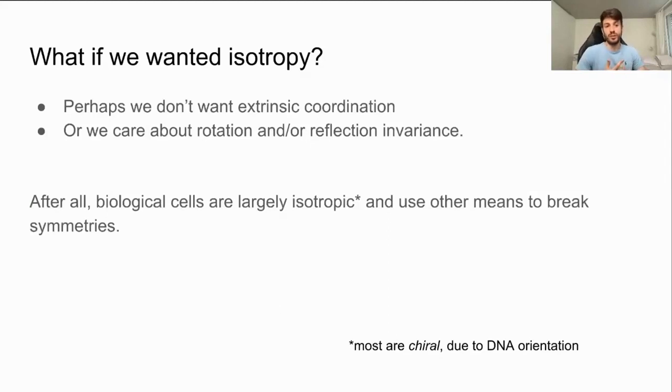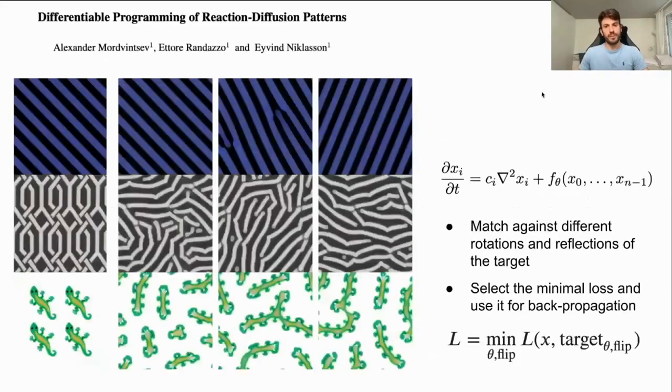What can we do? Because after all, biological cells are largely isotropic and use other means to break symmetries, such as noise, material gradients, light, gravity, and who knows how many other methods. So two years ago, Alex, Eivind, and I published a paper at ALIFE called Differentiable Programming of Reaction Diffusion Patterns, where we were already using isotropic neural cellular automata in a certain sense, because reaction diffusion is isotropic by construction, and we were using it on textures.